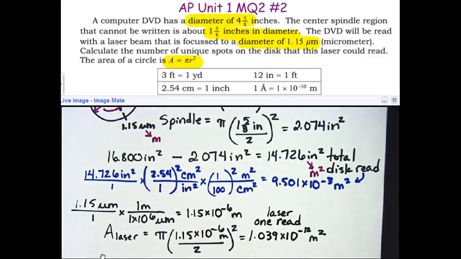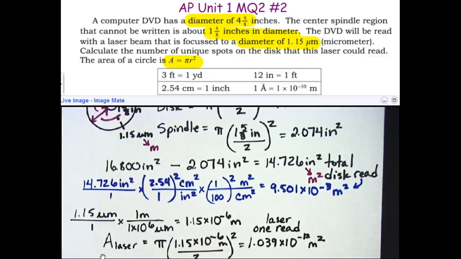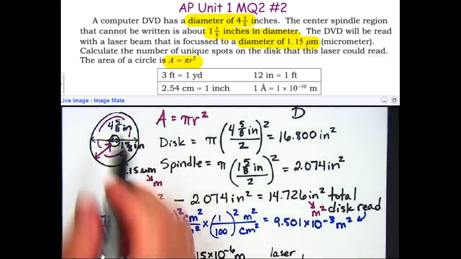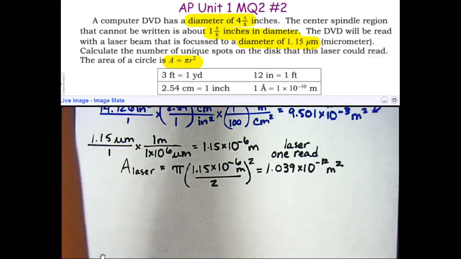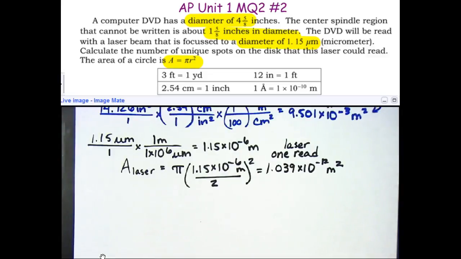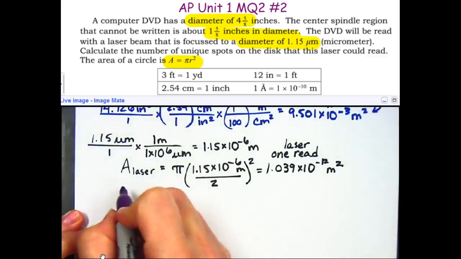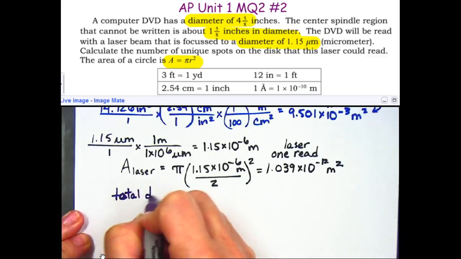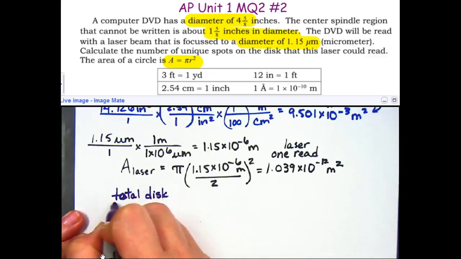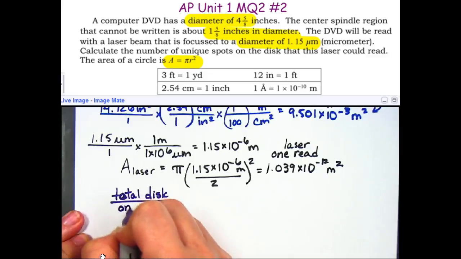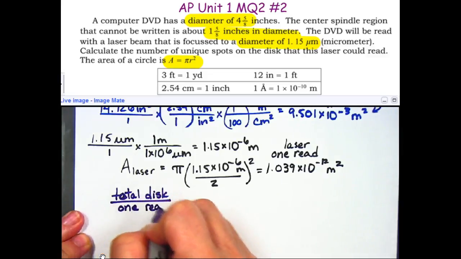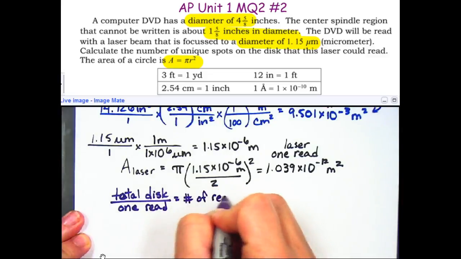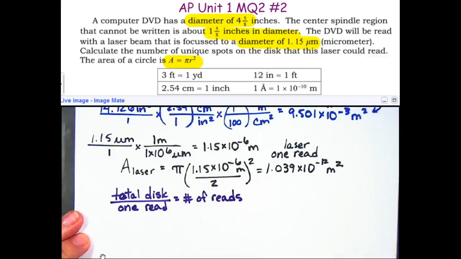So now, if I want to know how many total reads can be made on this disc, basically you're looking at a whole divided by the part. So I want to take the total disc and divide it by the space of 1 read, and that's going to tell me the number of reads that we can have on the disc.